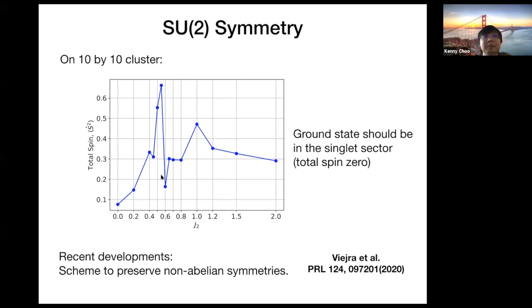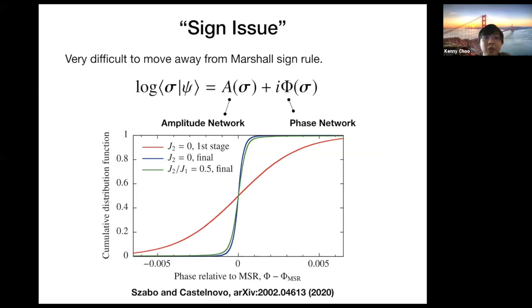And a second problem that we encounter could be related to the sign structure. Although there's no sign problem in the sense of quantum Monte Carlo, it is actually very difficult for the network to pick up the correct sign structure. There were some investigations into this problem by a group in Cambridge, and I think he's going to give a talk about it later.